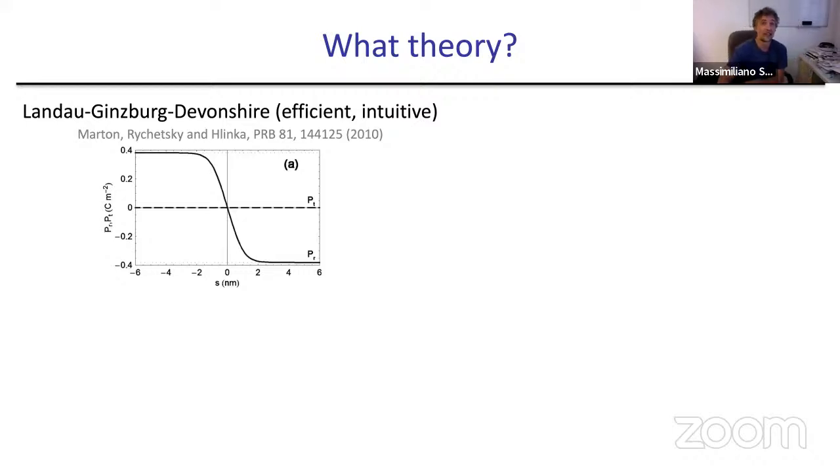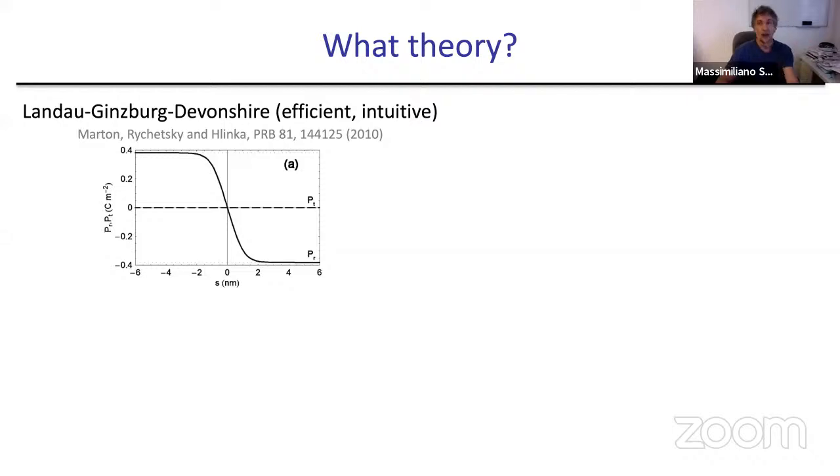The most obvious, most traditional choice is a continuum model, phenomenological, based on Landau, Ginzburg, Devonshire equations, which is a very efficient approach because it's based on very few parameters and degrees of freedom, and provides a rather intuitive and transparent picture of the physics that is determining the different functional properties that we're interested in.